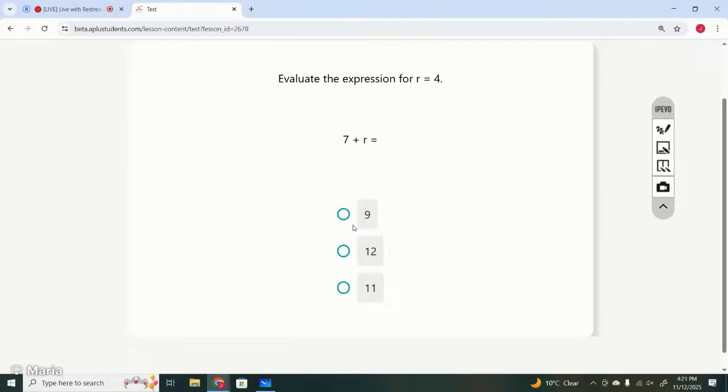11 it is. You need to add, so 7 plus 4 makes 11. Evaluate the expression for f equals negative 3.